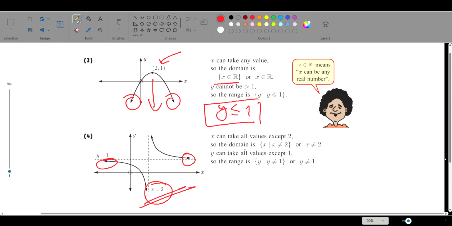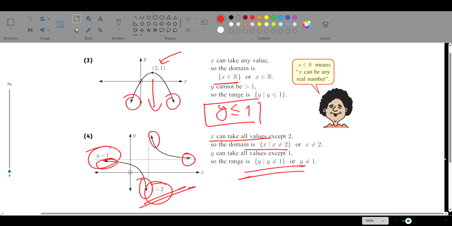So we write x such that x is not equal to 2, and all real numbers. x can take all values except 2. The same goes for the range. The range will also go down and go up, but except one value, that is y equal to 1.